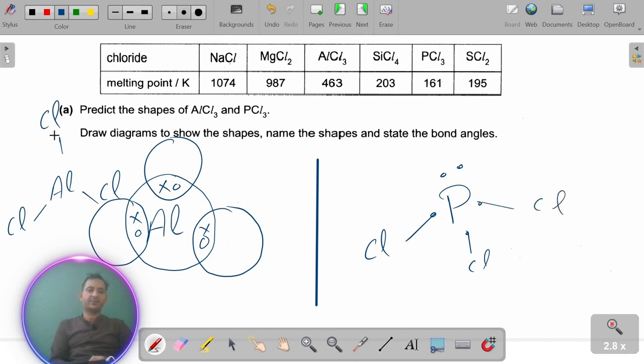The bond angle for AlCl3 is 120 degrees, trigonal. Here we can notice the lone pair of electrons occupies more space and repels these bond pairs, so it makes a 107 degree bond angle. The bond angle is less because the lone pair repels these two bonds. That is the reason.